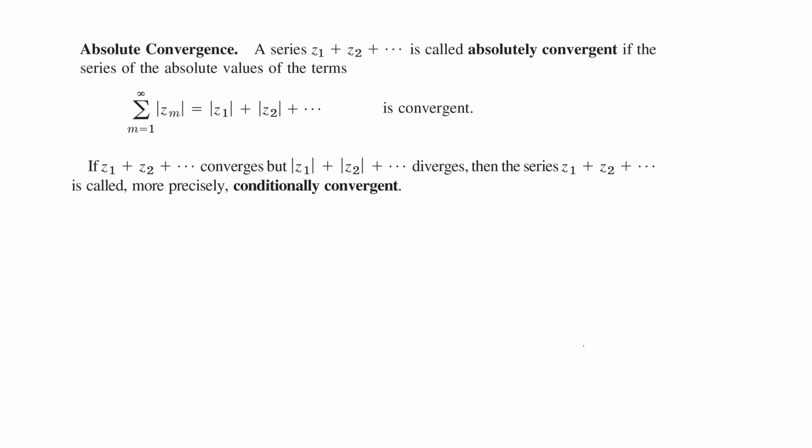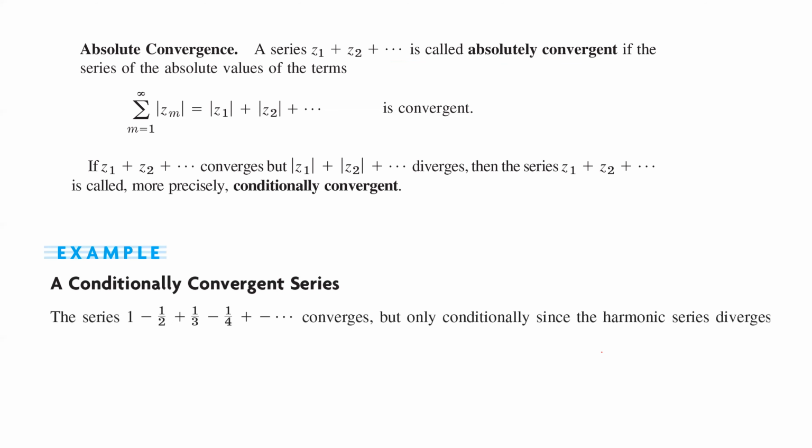If Z1, Z2, Z3 converges, but the absolute values don't converge, then the series Z1, Z2, Z3 is called conditionally convergent, not absolutely convergent. One of the examples of a conditionally convergent series is the series of 1 over n alternatingly negative and positive. This is the sum of -1 to the power n plus 1 divided by n. This is convergent.